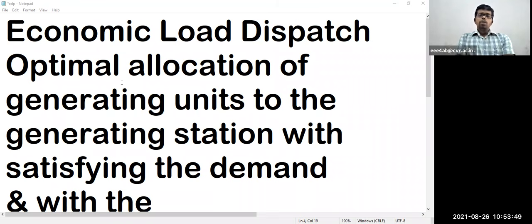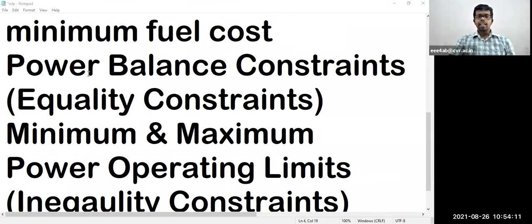Then you might have a question: what is the objective? Any problem has an objective function as well as constraints. Then what might the constraints be? You have to satisfy the demand. There are 2 types of constraints, as I already said: equality constraints and inequality constraints.